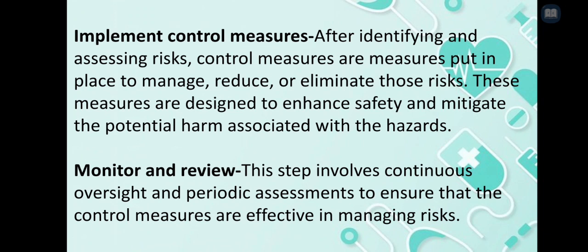After identifying and assessing risk, control measures are measures put in place to manage, reduce, or eliminate those risks. These measures are designed to enhance safety and mitigate the potential harm associated with the hazard. Think of this step as putting the brakes on the risks you identified earlier.